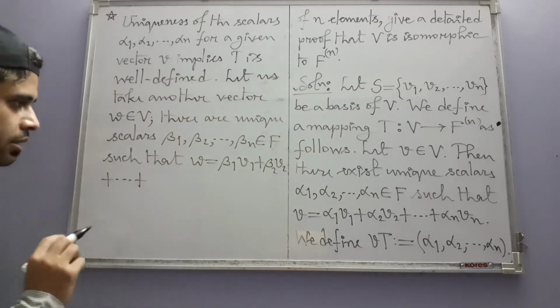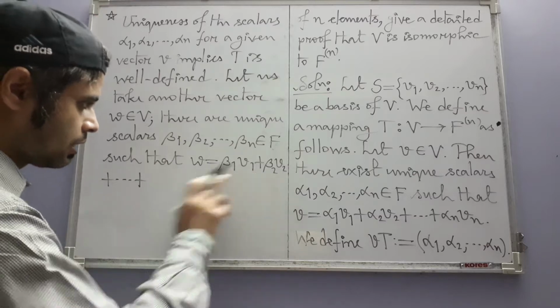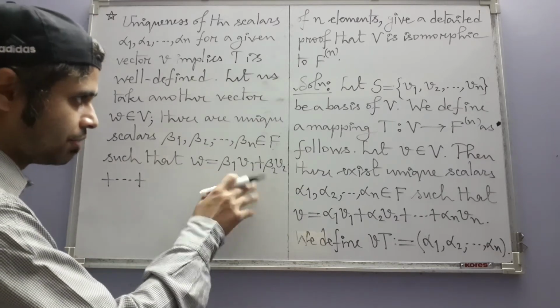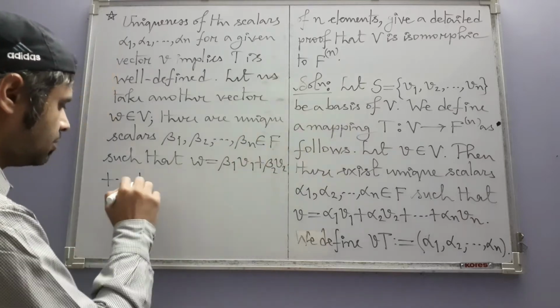The basis vectors don't change, the scalars change, and they give us different vectors in the vector space V.